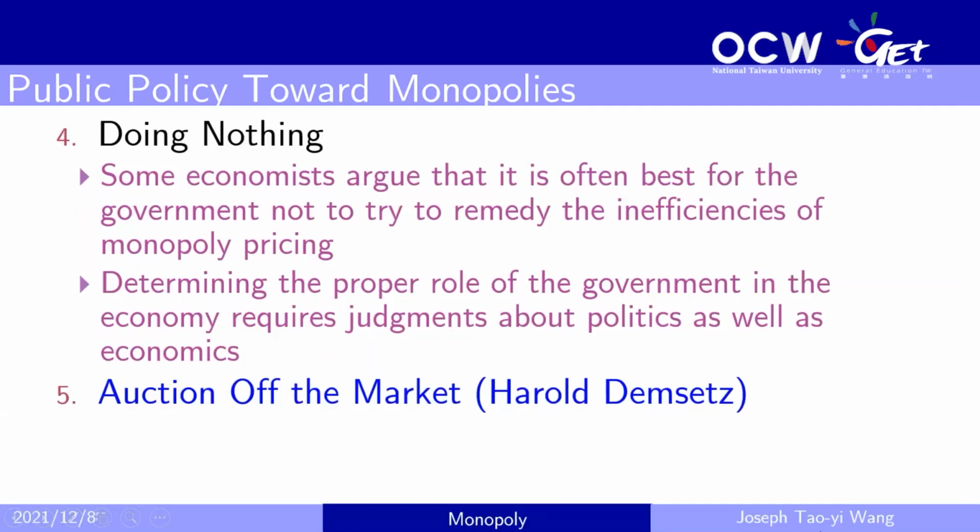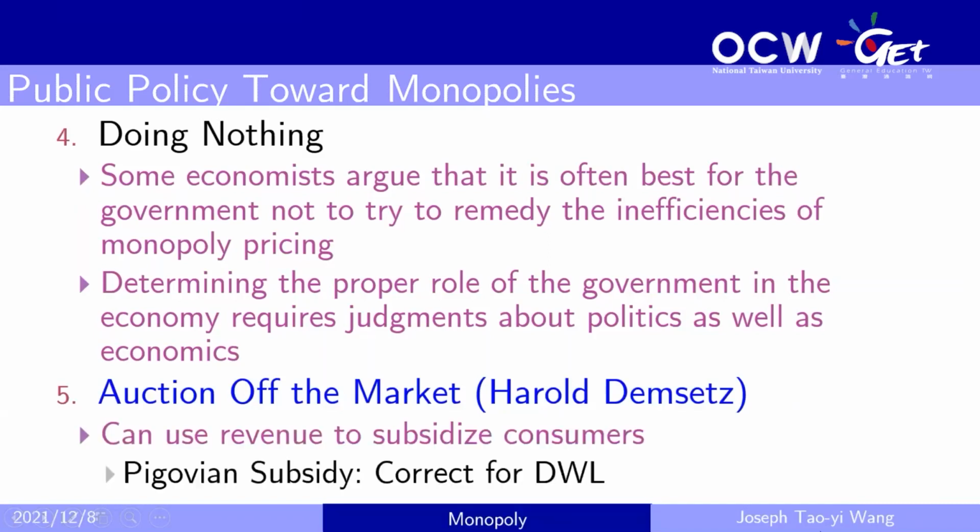By deciding how many licenses you want to auction, you can have the right number of operators to provide the cell phone service or these other public utilities that have this natural monopoly issue. Then you won't have this problem of having too many providers trying to construct the same network and having a higher cost. So you can use the revenue to subsidize the customers if that's needed. And so you can solve this deadweight loss problem.